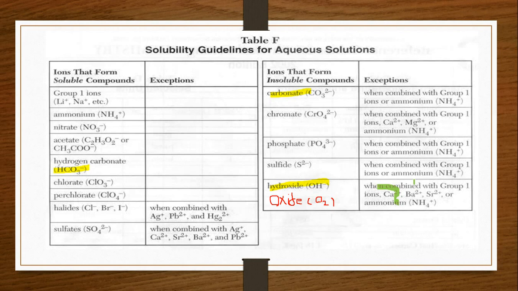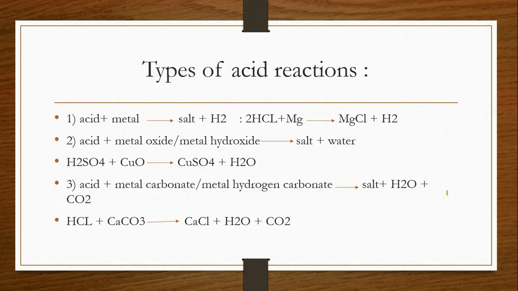And finally, the types of acid reactions. There are generally 3 rules and 3 equations that we have to follow for acid reactions. It's really useful if you remember those equations, because when you come across an acid in a reaction, you can easily write down the whole reaction or the whole equation. Number 1 is acid plus metal.